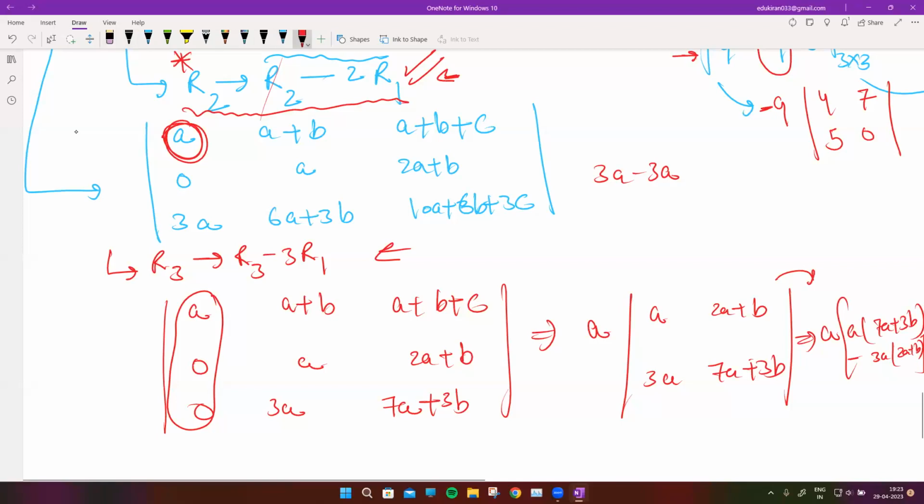You can actually take A common. So this is A square, then this becomes 7A plus 3B minus 6A minus 3B. So B got cancelled out. This becomes A.